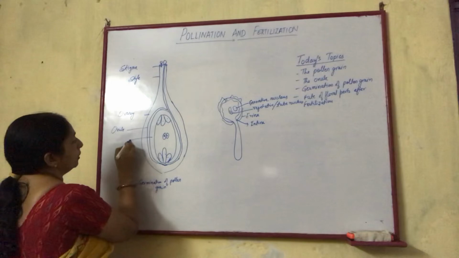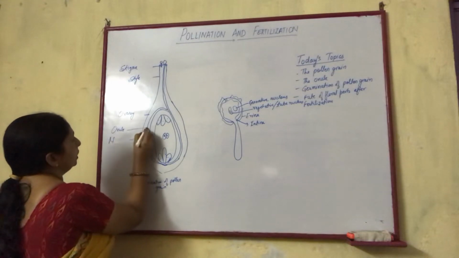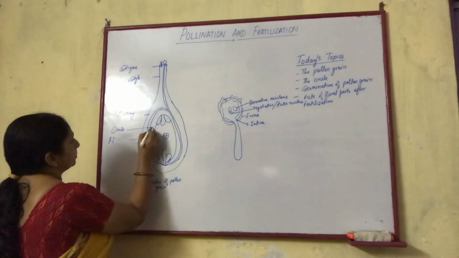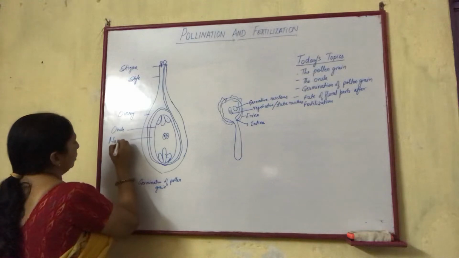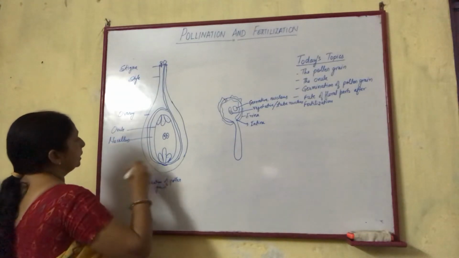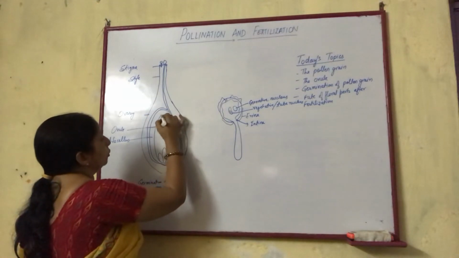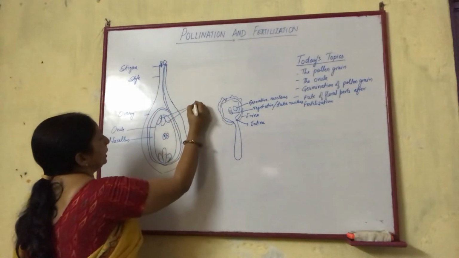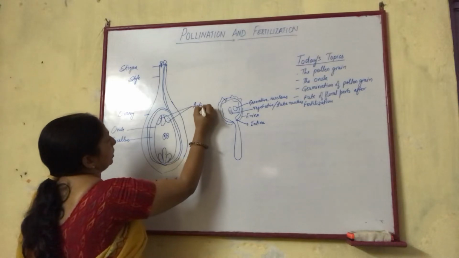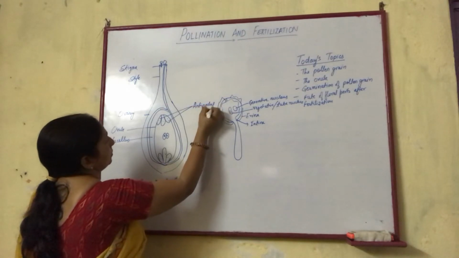Covering the ovule is the nucellus. The ovule contains three antipodal cells.